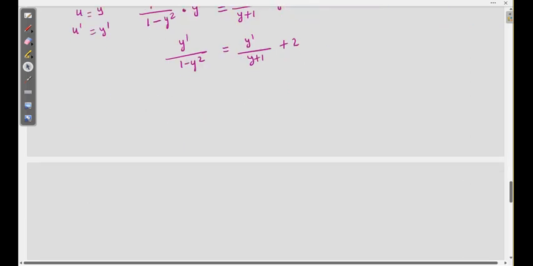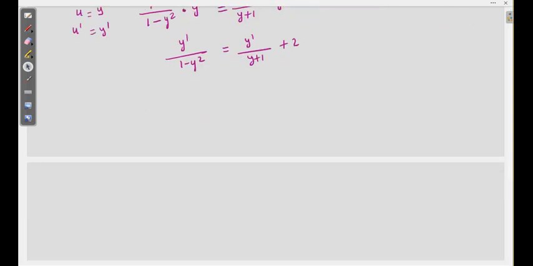First we multiply by y plus 1, and we get y prime into y plus 1 over 1 minus y squared is equal to y prime plus 2 into y plus 1.